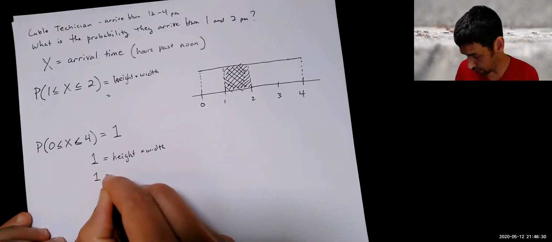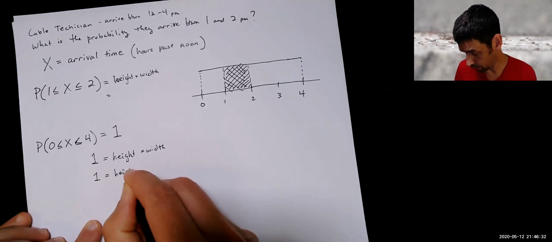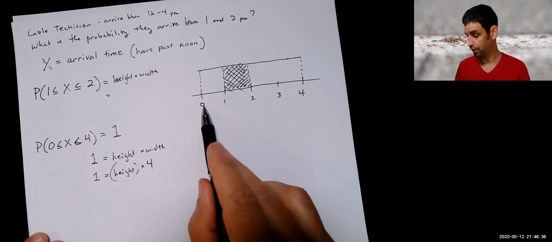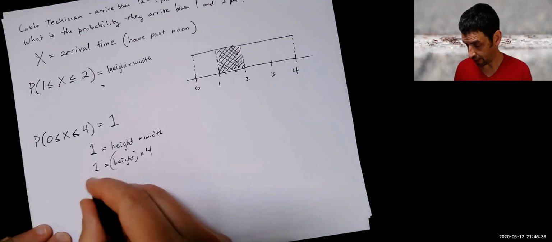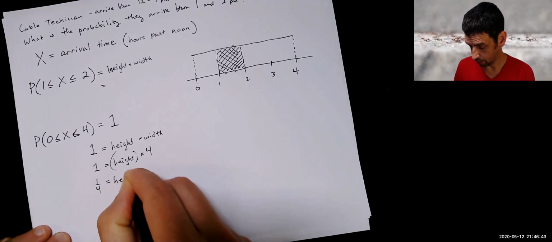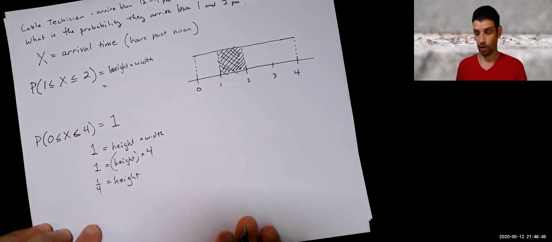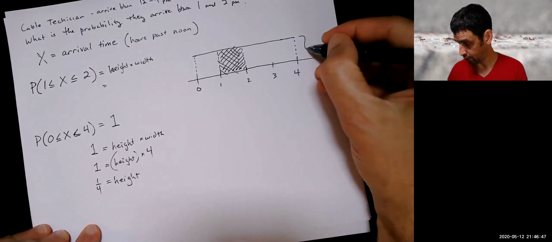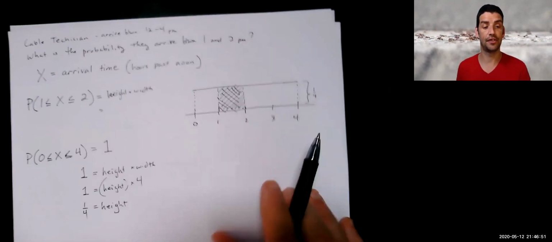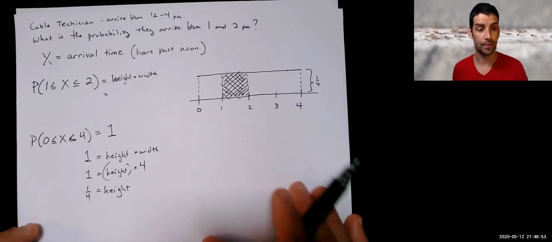Well, I already know what the width is. Width is 4, from 0 to 4. So if I divide both sides by 4, I get my height. The height of this has to be 1/4 because the area under the entire thing has to be 1.